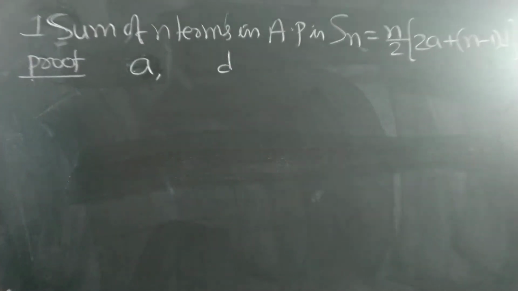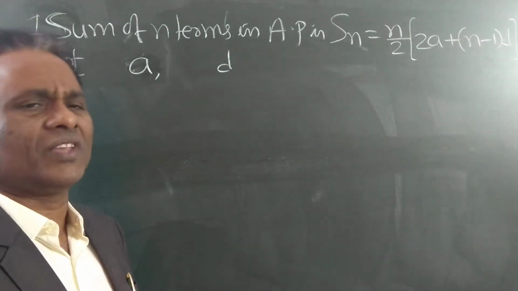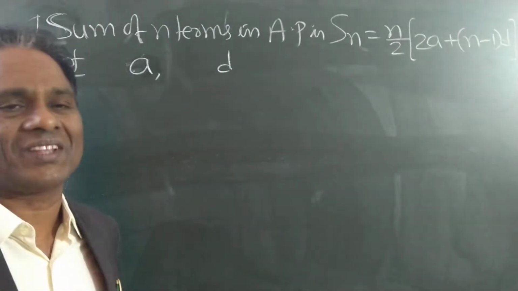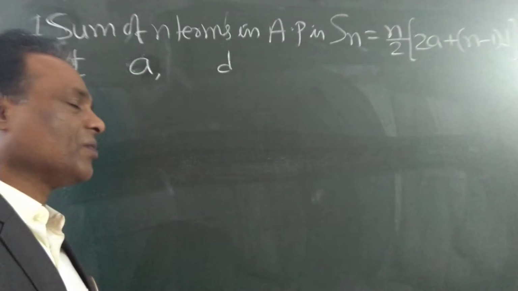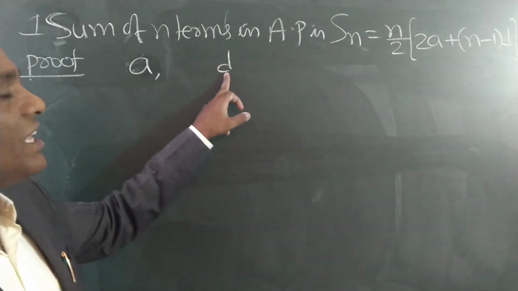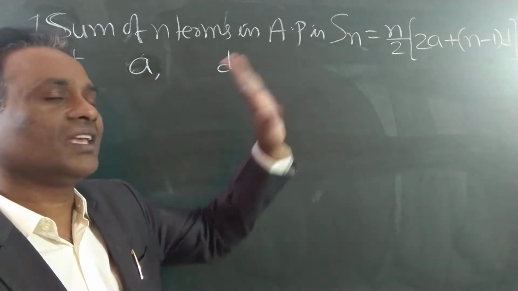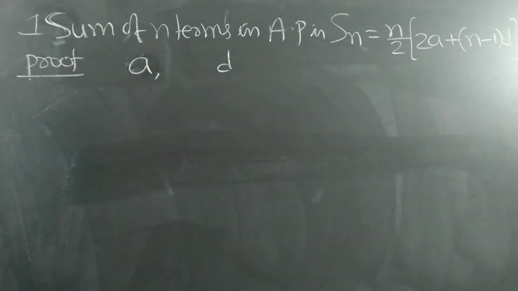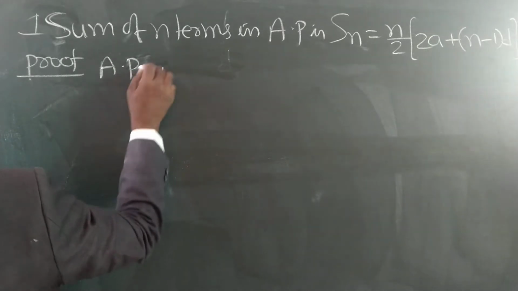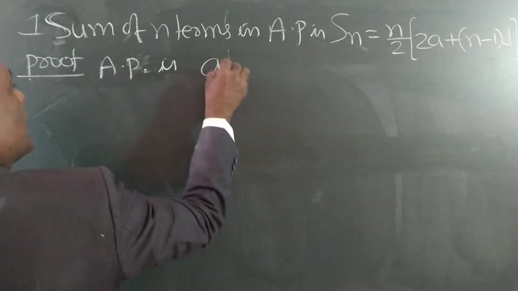Actually, there is no need of introducing this. In every AP, A is the first term and D is the common difference. Just for steps, to get some marks, I introduce that first statement: let A be the first term and D be the common difference of the given AP. Then the AP is: what is the first term?